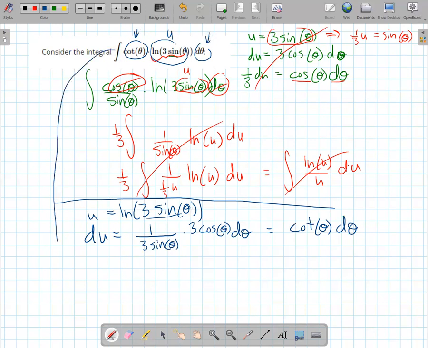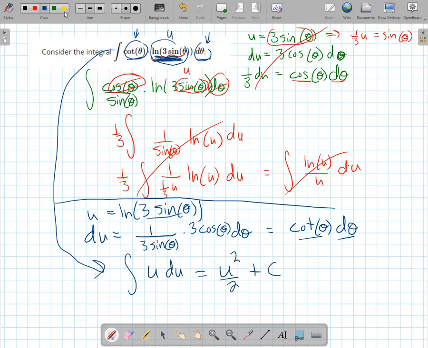So this integral becomes the integral of u du. Right? u is the natural log, and du is cotangent d theta. The antiderivative here would be u squared over 2 plus c.